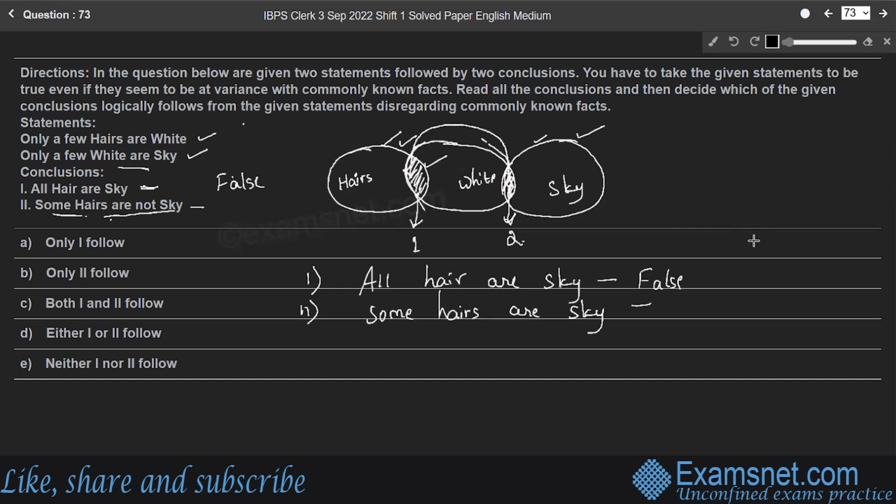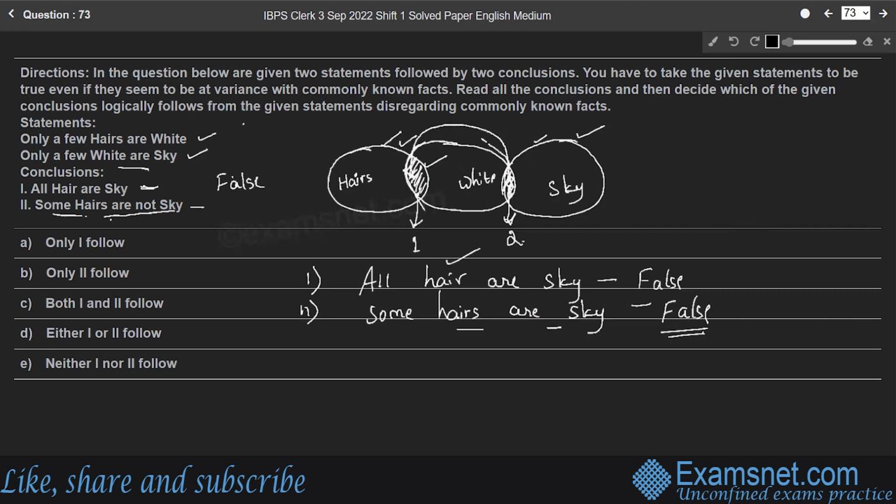So in that case, if it comes here, then some hairs are sky, right? Otherwise, all hairs are sky is a false statement, right? Therefore, some hairs are sky is also a false conclusion. But it is possible under some condition, right?